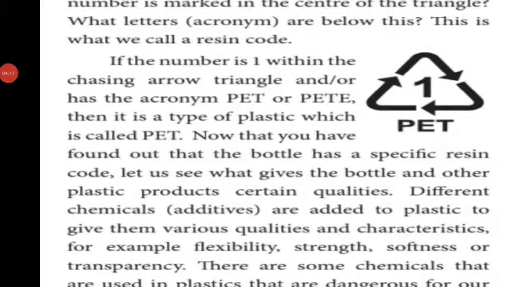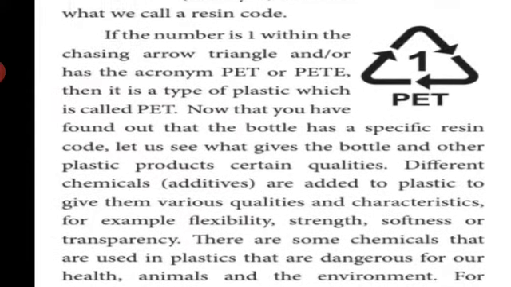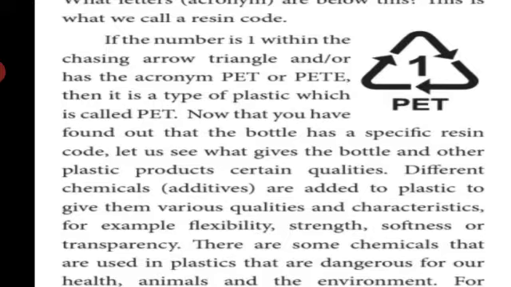Different chemicals are added to the plastic to give them various qualities and characteristics, for example flexibility, strength, softness or transparency. There are some chemicals used in plastics that are dangerous for our health, animals and the environment.